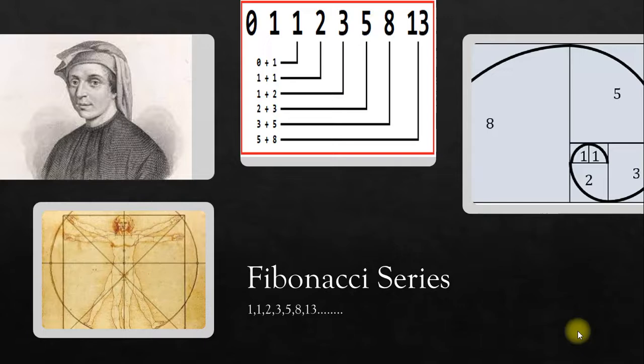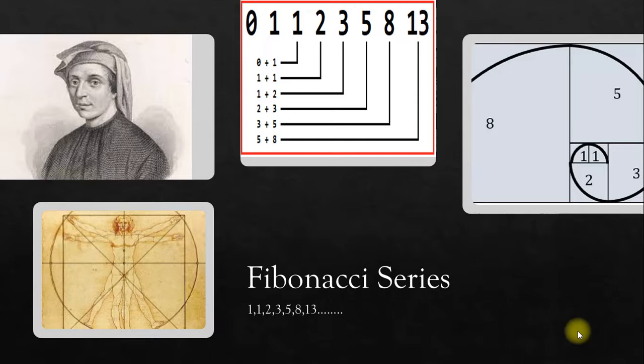Today I am going to discuss a very interesting series of numbers called the Fibonacci series. This series is different from the AP series or GP series which we discussed earlier.